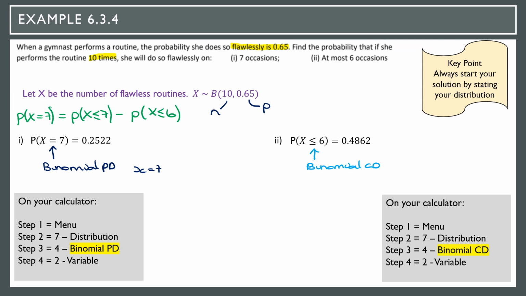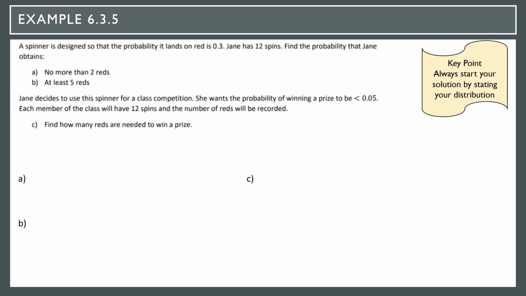Again, we know that n is 10, p is 0.65, and in this case x is 6. So again, once you've popped those into your calculator, you should get a probability of 0.4862.